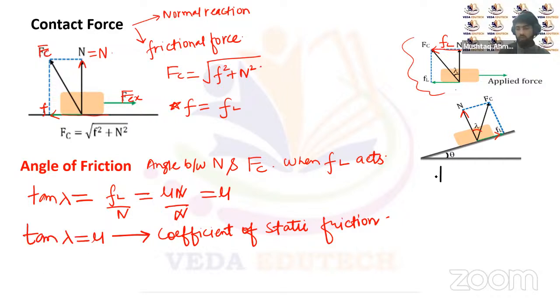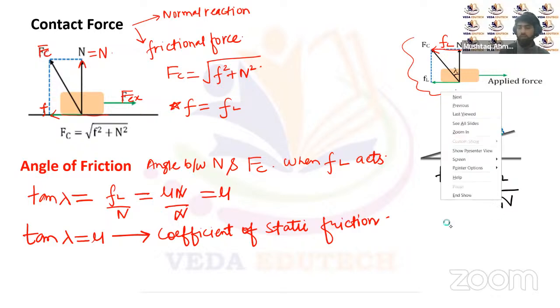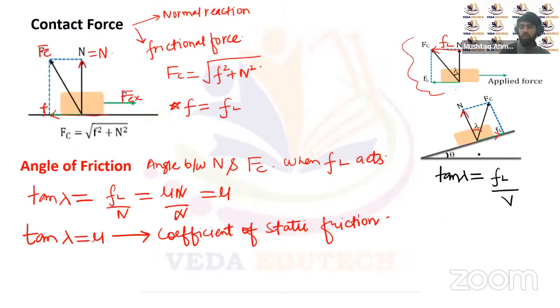Now, if we calculate the tan of lambda for the inclined plane, it will be once again the frictional force FL upon N. So FL upon N will be the value of tan of lambda.